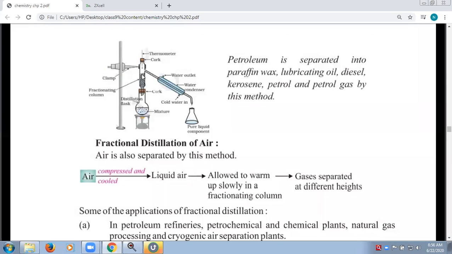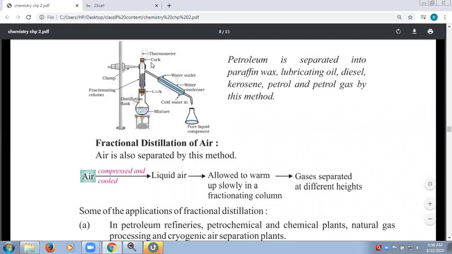But the substance whose boiling point is a little higher comes back into the boiler, because those glass beads help in cooling down the vapors of the substance whose boiling point is not attained. And the component whose boiling point is attained will pass through. The vapors will pass through the condenser and finally be collected in the receiver. So there is a slight difference over here, the use of a fractionating column.